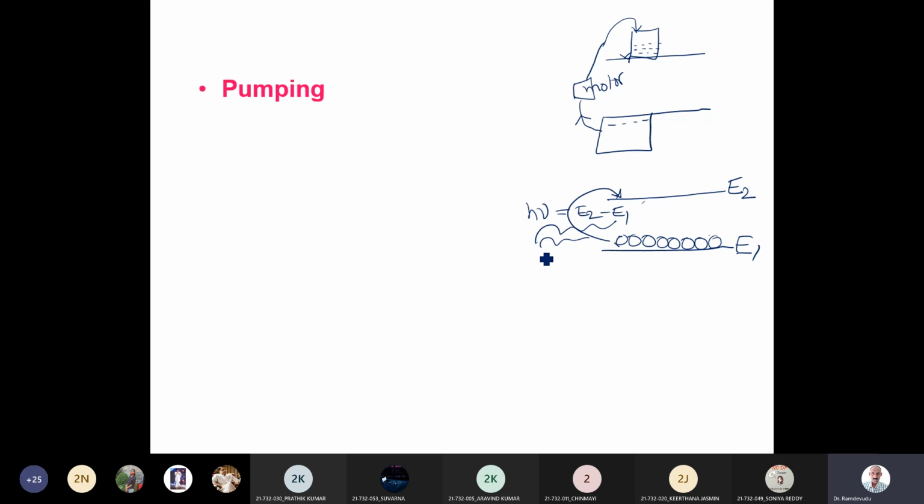That external energy is the motor, the pump. If I give external energy, the atoms will be pumped up and this level will be depleted, and after some time, by giving external energy, I can have more atoms in the excited state than the ground state.